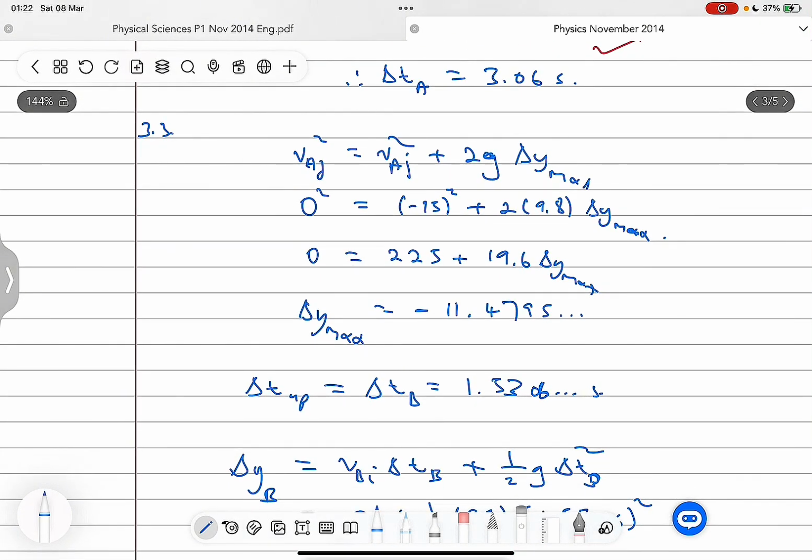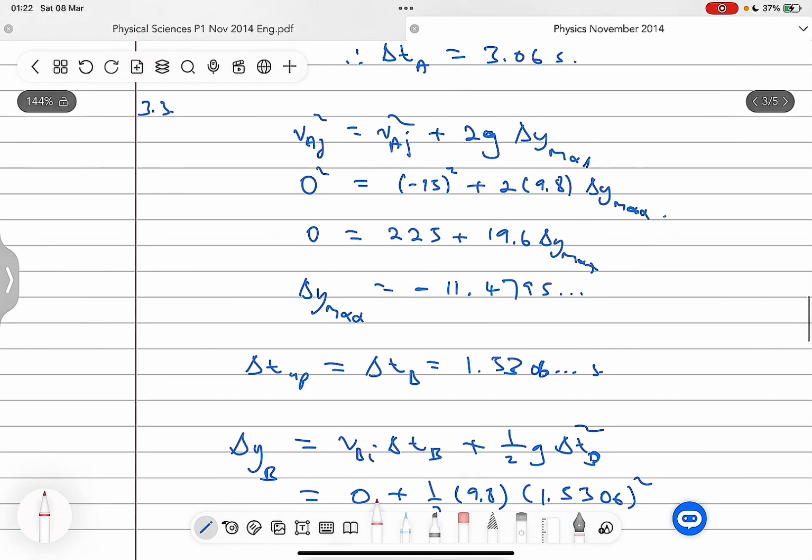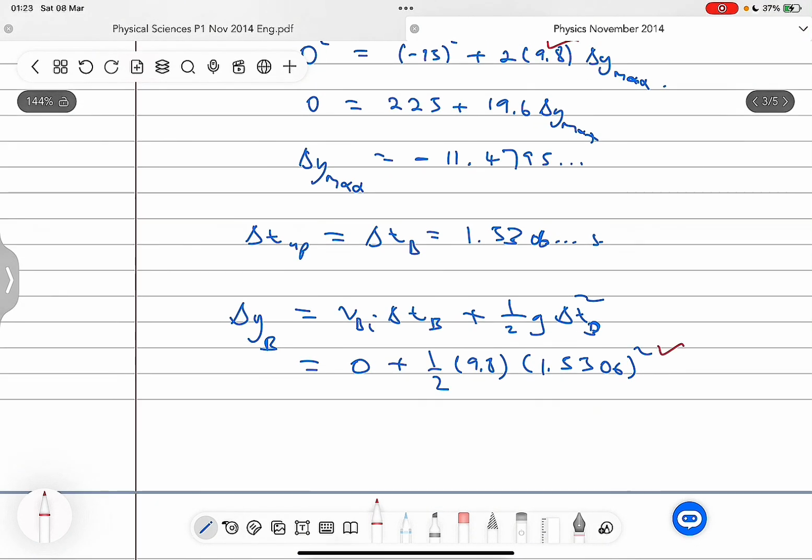Now, this question is marked 7 marks. It's very important for us to know what we are going to get marked on. We're going to get a mark for using that equation, for substituting the correct direction and value of the initial velocity, and substituting the correct 9.8, the acceleration due to gravity. The other mark will come really from this part of the equation.